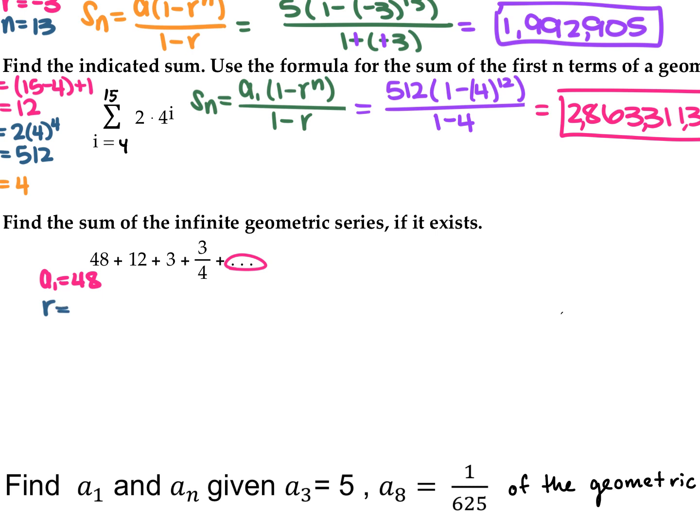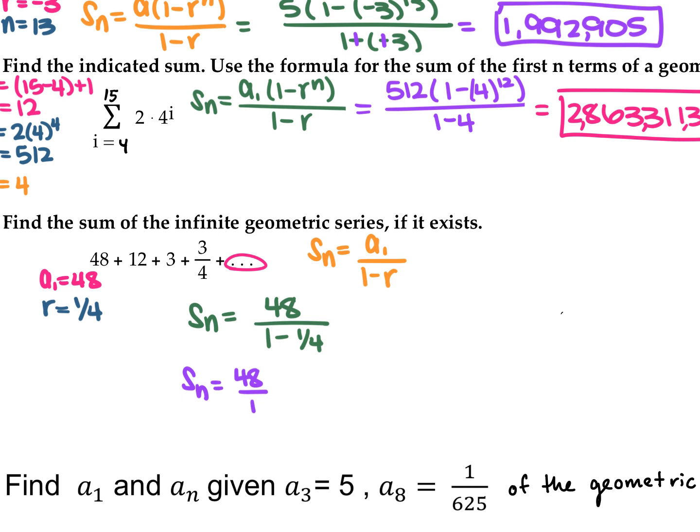So r is 1/4. Your infinite sum formula is S sub n equals a sub 1 over 1 minus r. That gives S sub n equals 48 over 1 minus 1/4. I don't like working with fractions within fractions, so I'm going to turn it into division: 48 over 1 divided by 1 over 1 minus 1 over 4.